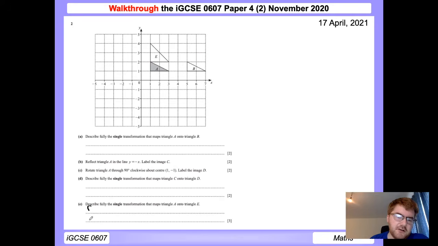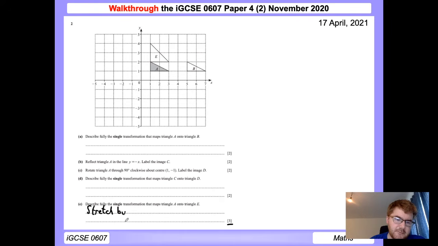Now make sure that you have learnt about stretches. This is something that often gets forgotten by IGCSE teachers. Make sure you know how to do stretches as well. Now this is a 3-mark question in comparison to these 2-mark questions, so we need 3 bits of information. First of all, we have a stretch. The next thing that we need to work out is our stretch factor.